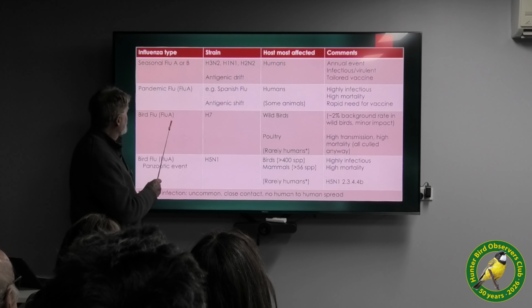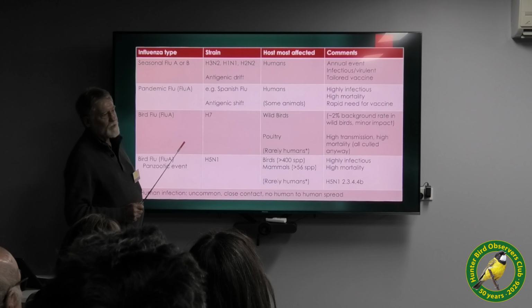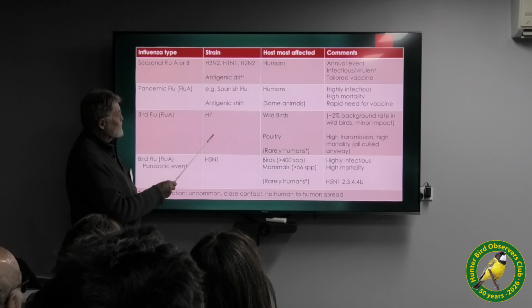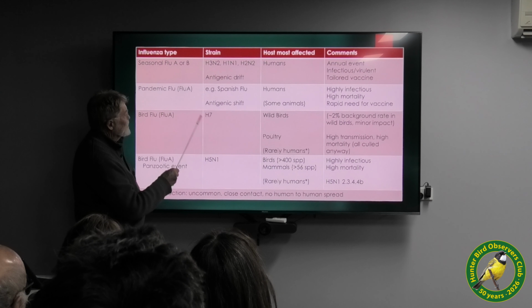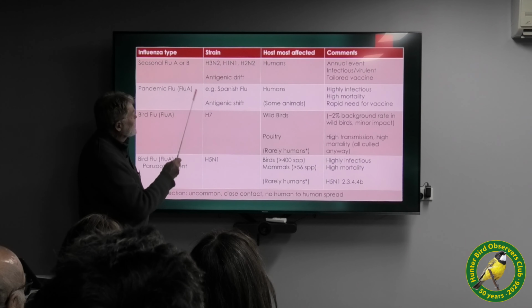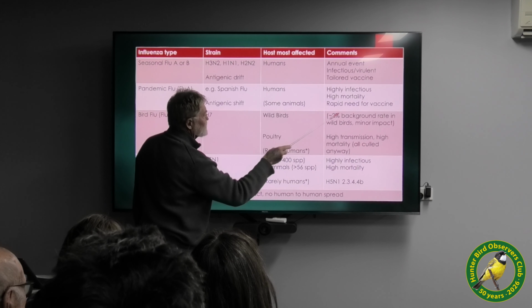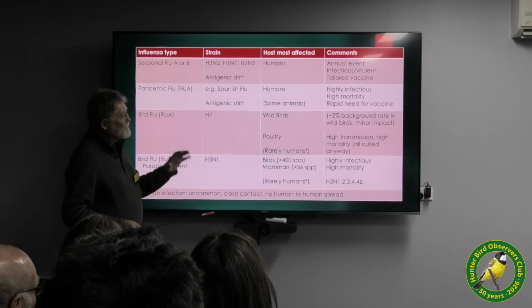Now we start getting to bird flu. The bird flus that we've seen, particularly in Victoria, but we get them all over the place. We've had them in our area, Tamworth and what have you, the H7s. Wild birds have a background rate of around 2%.